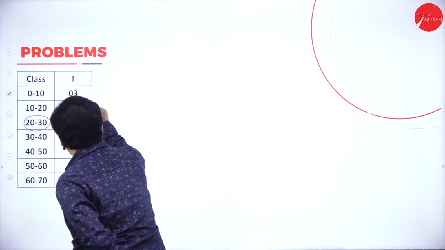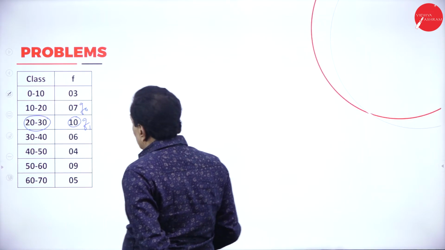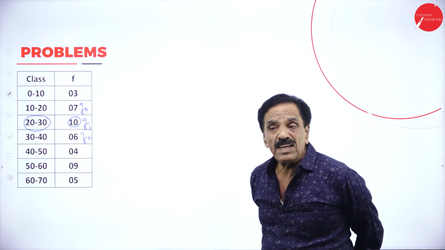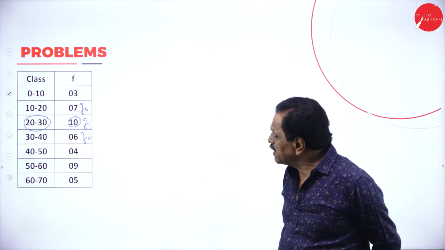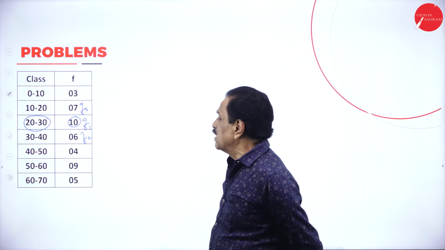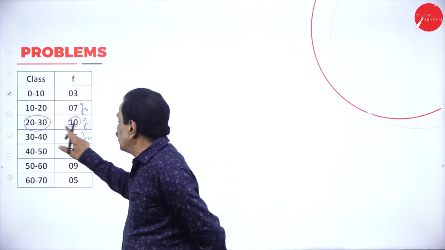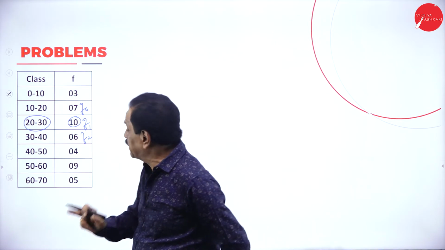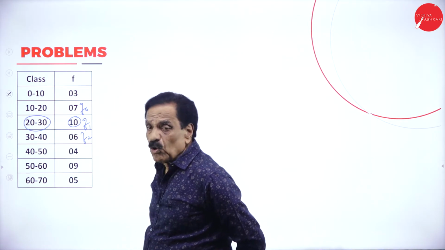Behind frequency is called F0. What is the next frequency? 6 is called F2. So 10 is F1, 7 is F0, 6 is F2. Then 20 to 30 means class interval C is 10, and 20 is your lower limit.